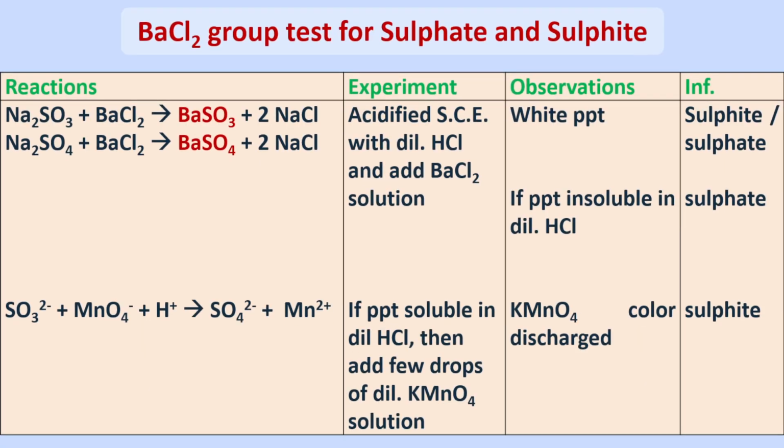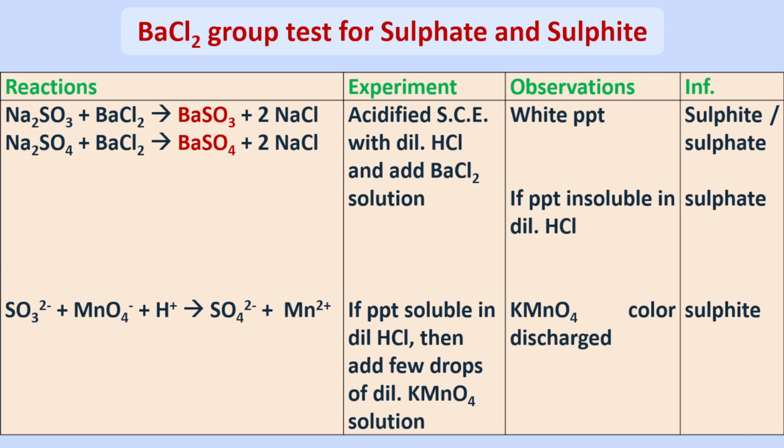Barium chloride group test for sulfate and sulfite ion. Acidify the solution of sodium carbonate extract with dilute HCl and add barium chloride solution. The formation of a white precipitate indicates the presence of either sulfate or sulfite ion. To distinguish between them, add dilute HCl to the precipitate.